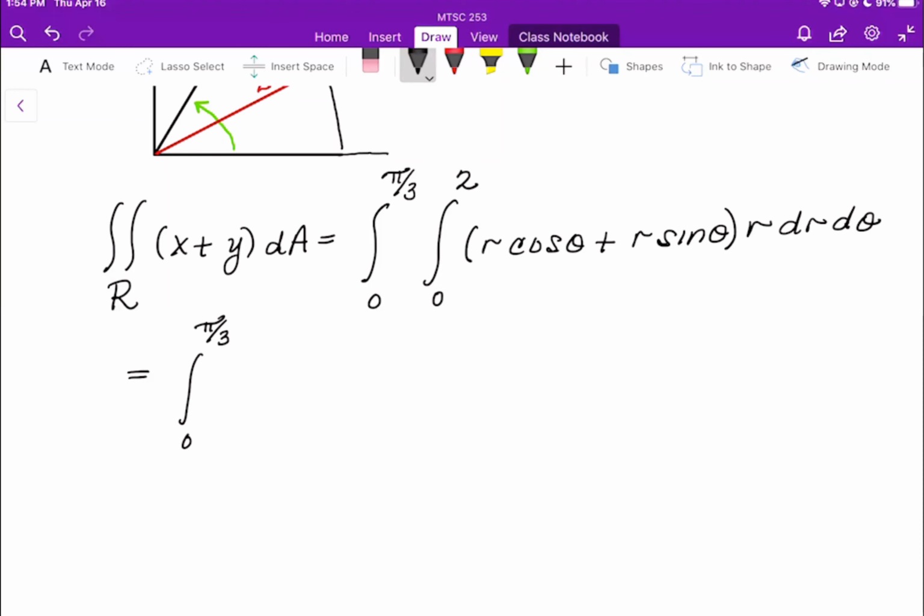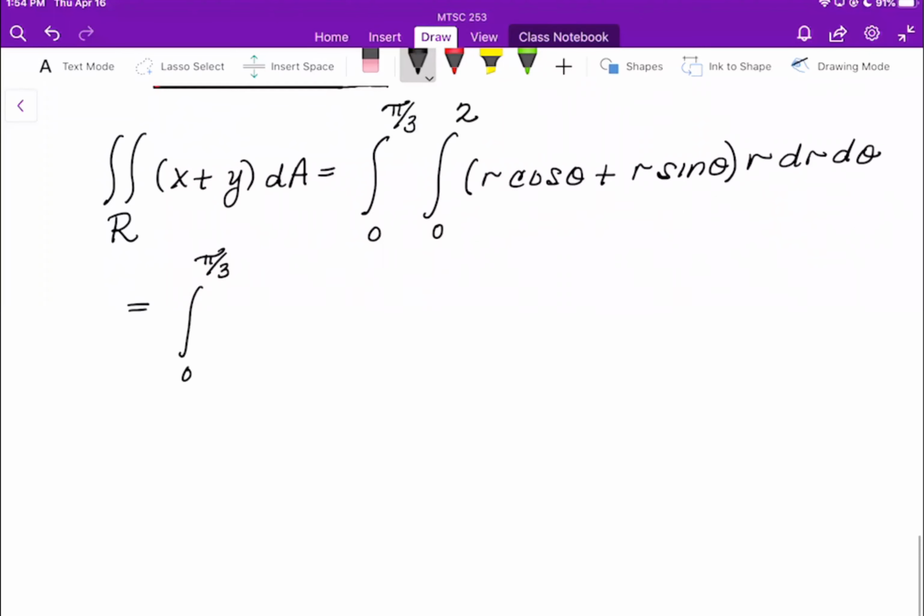So this becomes r squared times the cosine of theta plus the sine of theta dr d theta.